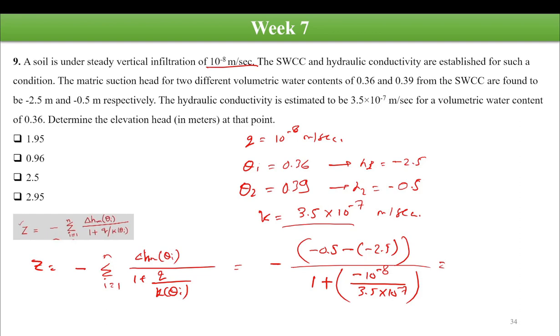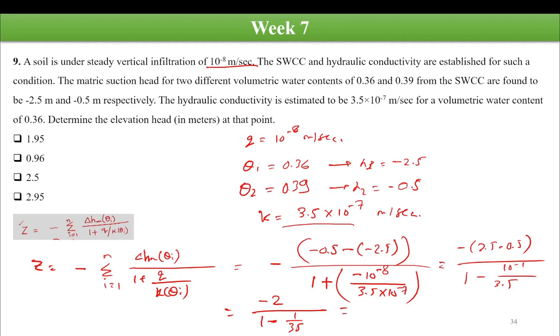So here we can write minus 2.5 minus minus 0.5 divided by 1 minus, here it's going to be 10 to the power minus 1 upon 3.5, right? So here it will be minus 2 upon 1 minus 1 upon 35.